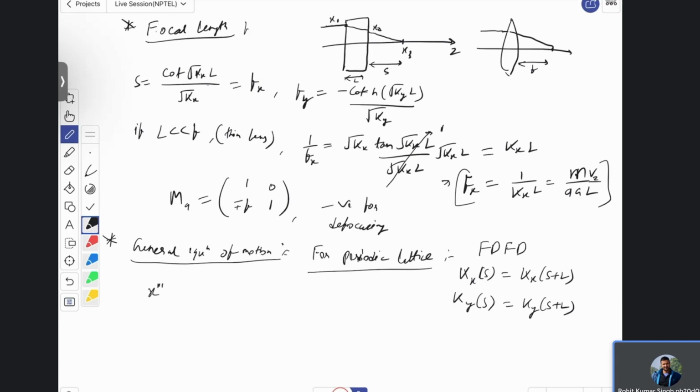I've already written the equation of motion, which I will write in a more generalized way. As I mentioned, here Ks is Ks plus F, and this is called Hill's equation.